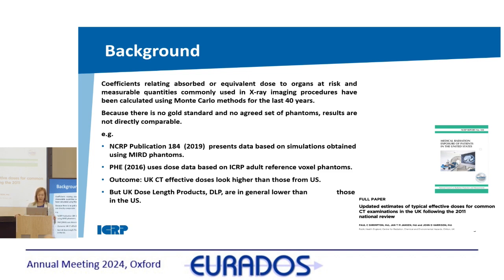Just a little bit earlier, similar doses for CT were presented by PHE, which is now our hosting organization, and these doses were based on the ICRP reference voxel phantoms. The outcome was that the UK CT effective doses look higher than those from the US, although the UK dose length products are in general lower than in the US. So here it seems that there is a problem.